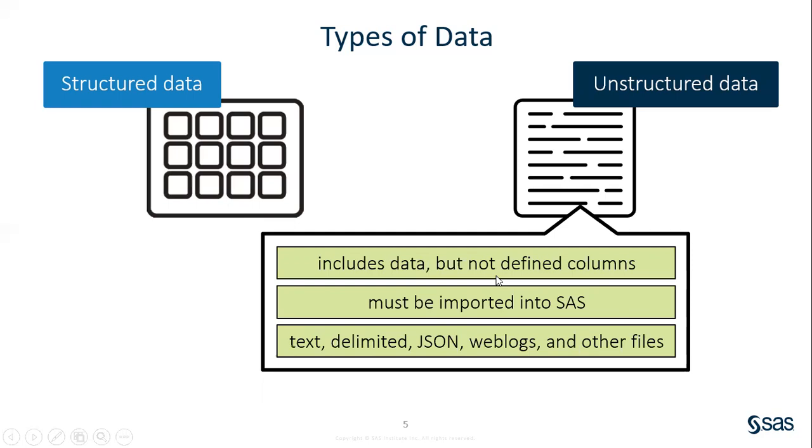Because they have no proper structure. We need to import them and create proper columns so they are structured in the SAS environment as a table. This type of file could be a text file, delimited file, JSON file, web log, and others, where there are only text values. Those are called unstructured data.